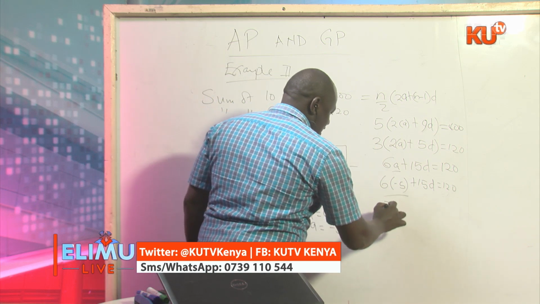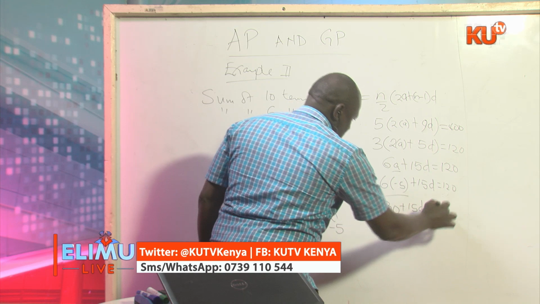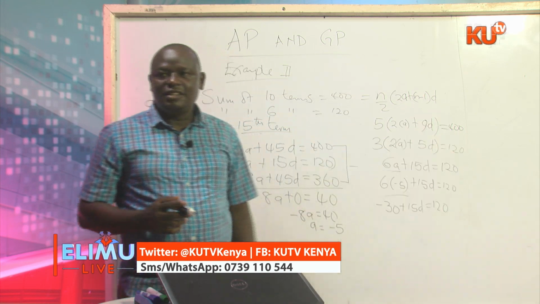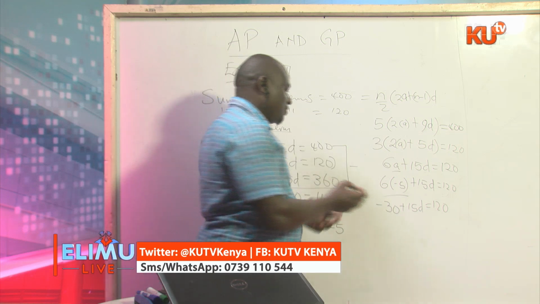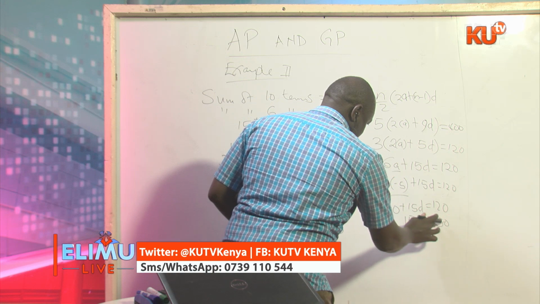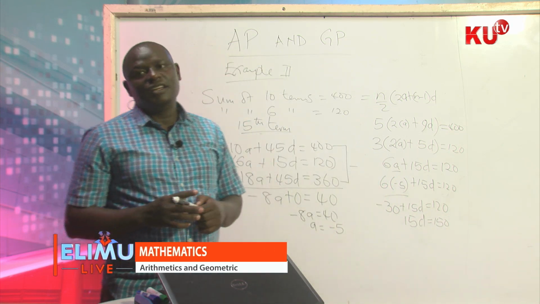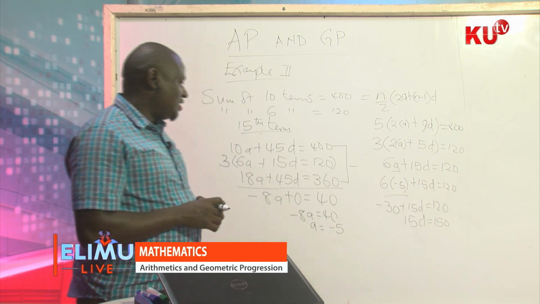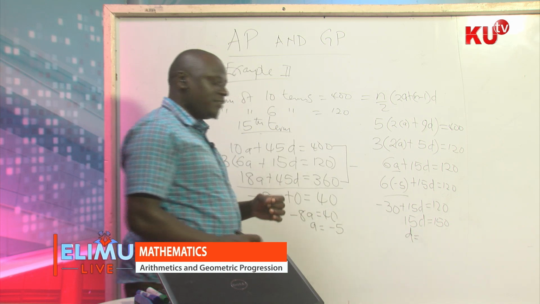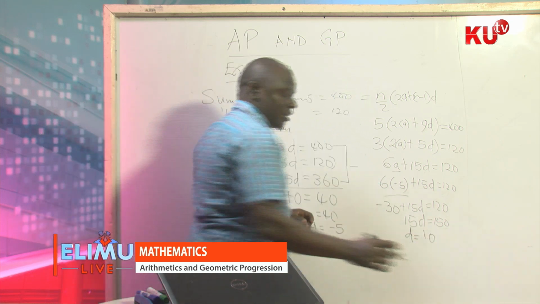So you have negative 30 plus 15D equals 120. Negative 30 crosses over to the other side. It becomes positive. So you have 15D equals 150. You divide by 15 both sides, and your D is 10.